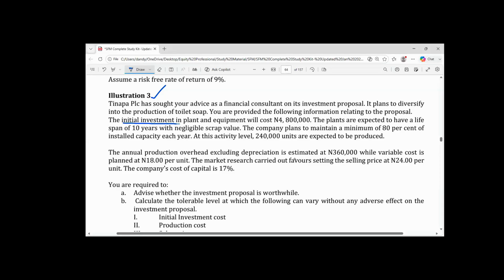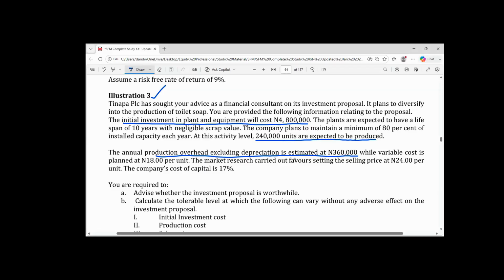negligible scrap value. The company plans to maintain a minimum of 80% of installed capacity each year. At this activity level, 240,000 units are expected to be produced. The annual production overhead, excluding the depreciation, is estimated at 360,000 naira, while variable cost is planned at 18 naira per unit. The market research carried out favors setting the selling price at 24 naira per unit.